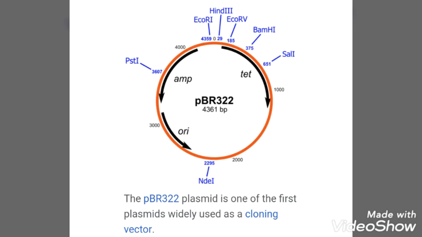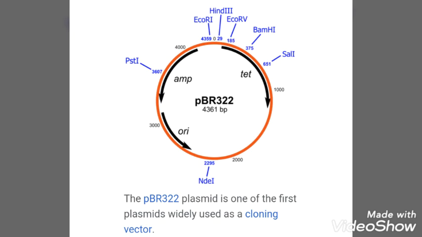In the examination, if they ask you to write about plasmids, discuss plasmids, discuss vectors and characters, or make short notes, you simply have to draw one of these diagrams, and mention AMP site, ORI site, TET site and EcoRI, HindIII, EcoRV, like this. You also have to draw a round circle, with no need to mention the numbers around it.